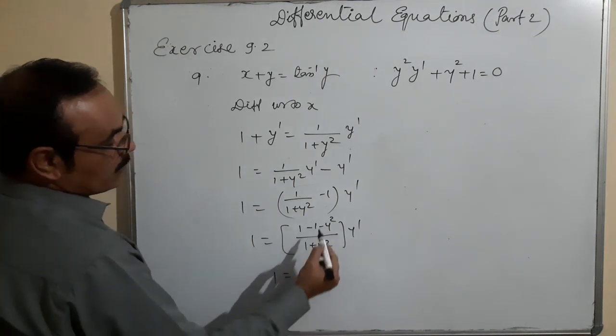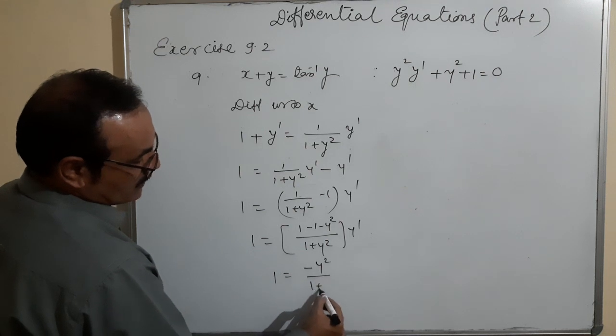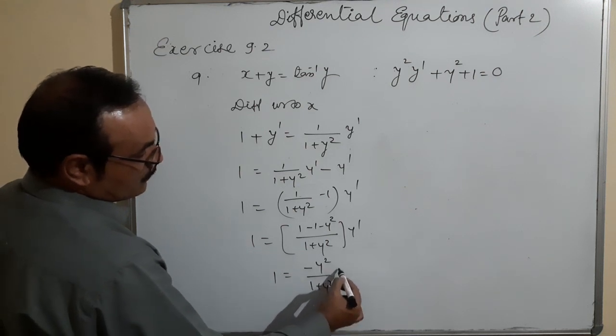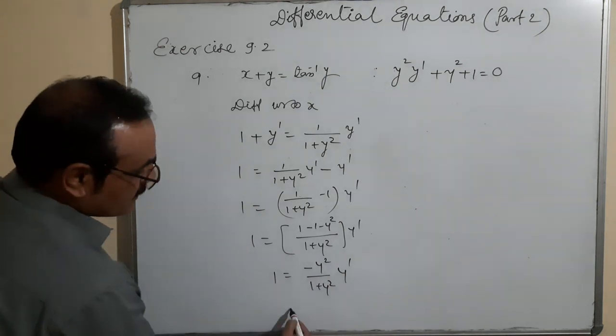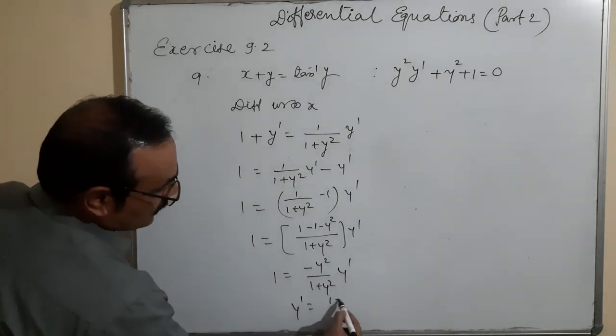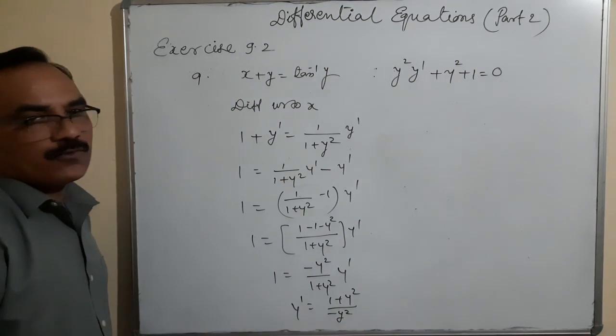So 1 is equal to, 1 cancel, minus y square upon 1 plus y square into y dash. Okay, so value of y dash is equal to 1 plus y square upon minus y square. This is the value of y dash.